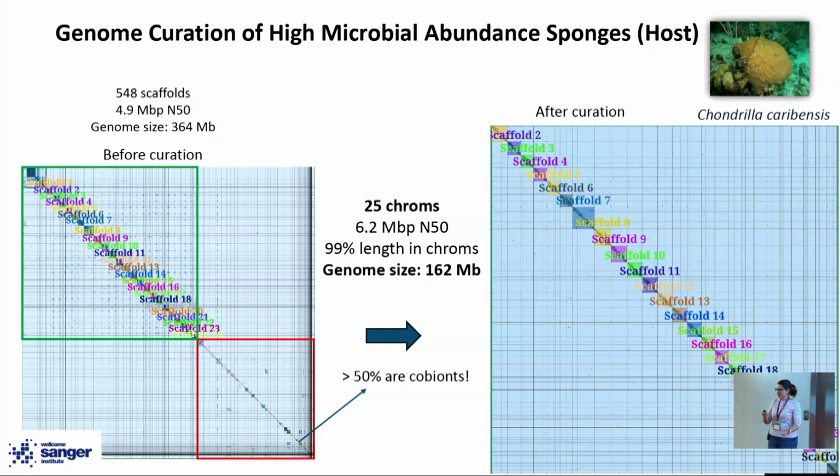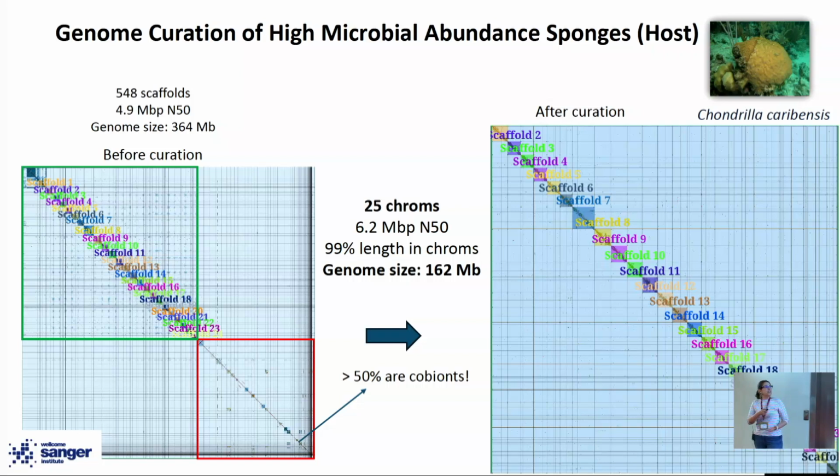And continuing with the curation, here we have the same Hi-C map from the previous slide, but on the left it's before curation, and on the right after curation. In this one, we can see two really different regions. The green square is the sponge genome, only the host, and the red square is the cobionts.